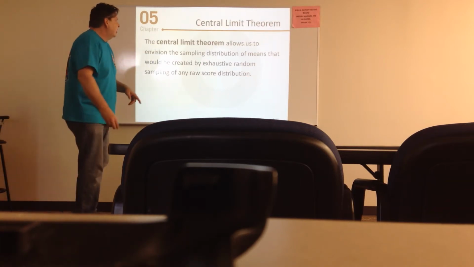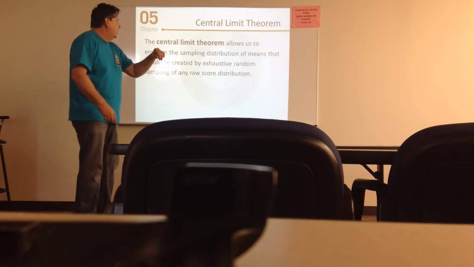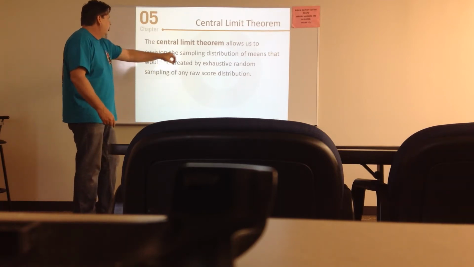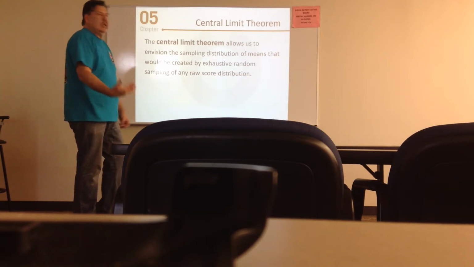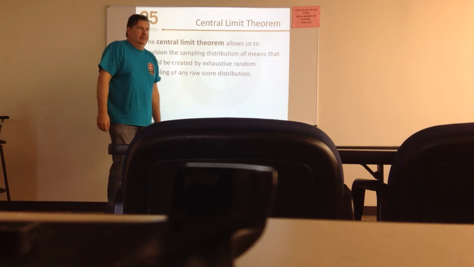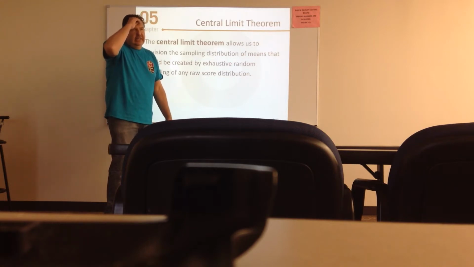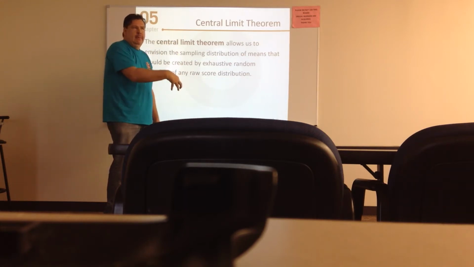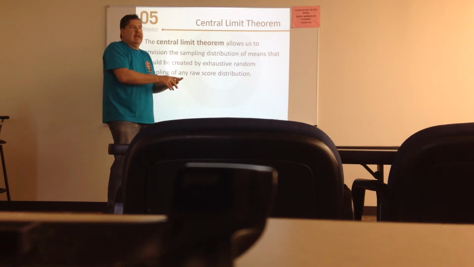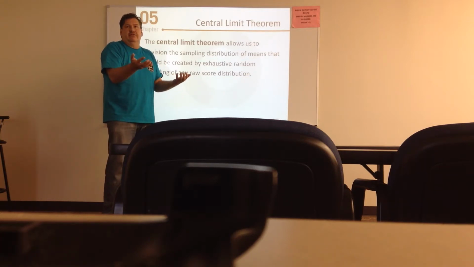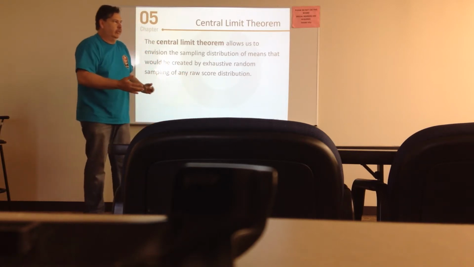The central limit theorem allows us to envision the sampling distribution of means that would be created by exhaustive random sampling. So we can't do that a lot of times. But I know I can take samples of people and it will represent the population. So if I know that the average height of a man is 5'10", let's say, and that's arbitrary, I really don't know.